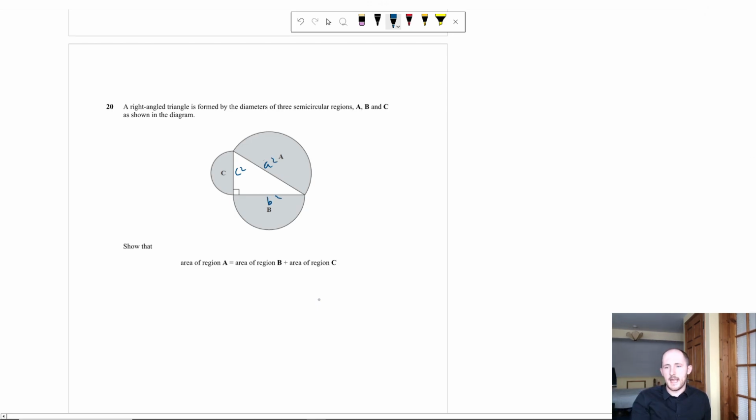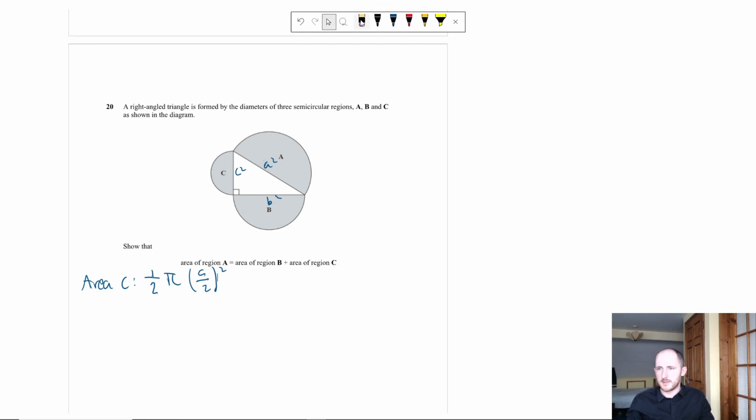What would the areas be? So I want to say area C. Well, all you do is you do a half, because it's a semicircle, pi times radius squared. Now, the radius is C. So it'd be C over 2, well, technically C over 2 squared.